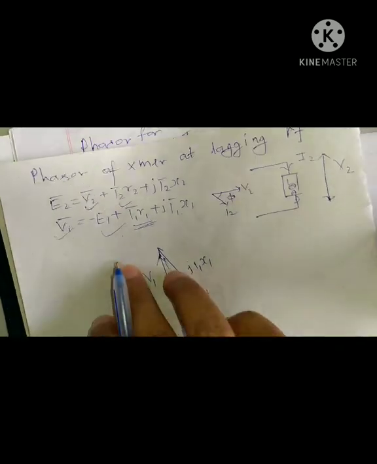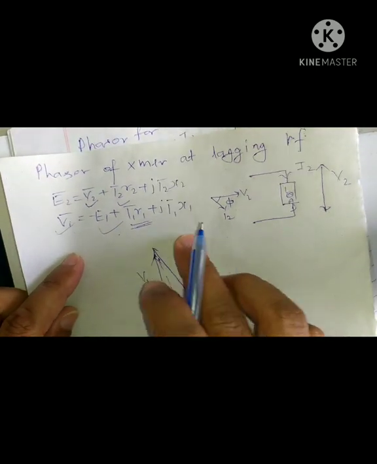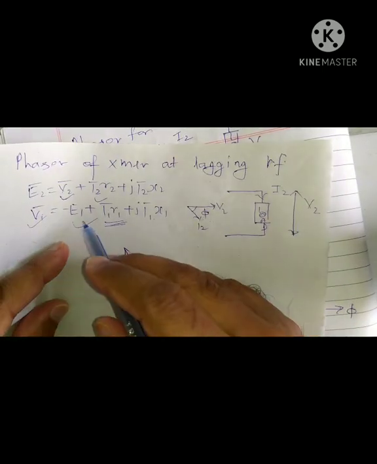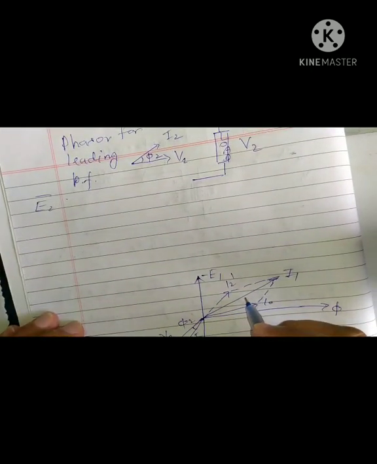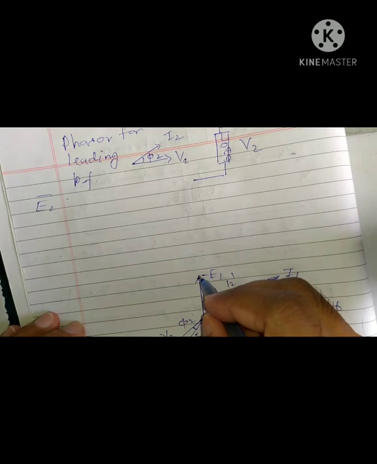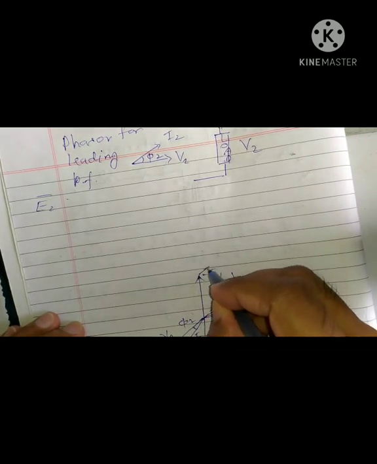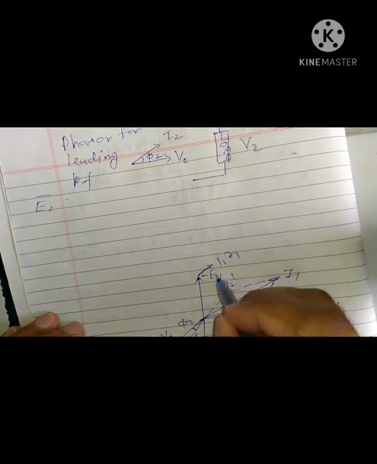We know V1 is minus E1 plus I1R1 plus J I1X1. So E1 is available. I1R1 must be in phase with I1. So I1 is here, and in phase with this, I1R1 will be drawn from the tip, parallel to this line.